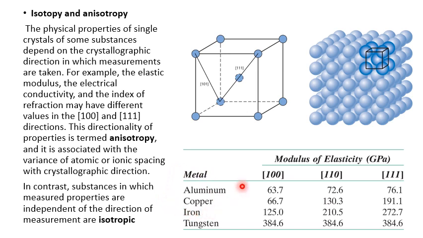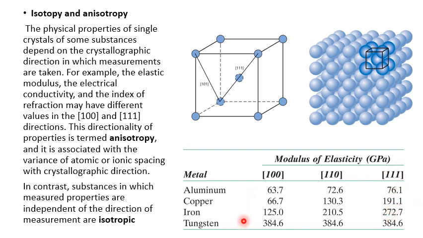The anisotropy of metals and alloys does not depend on the crystal structure. For example, iron with BCC structure exhibits 125 gigapascal in the 100 direction. It exhibits a different modulus of elasticity in this direction and in this direction.